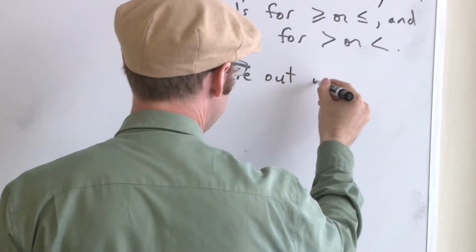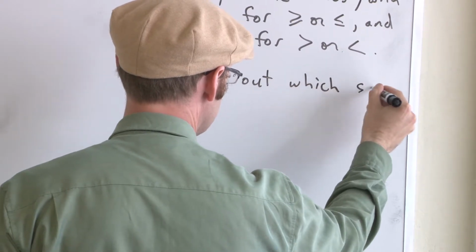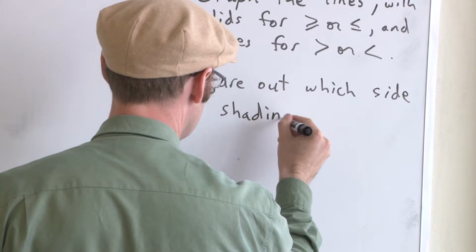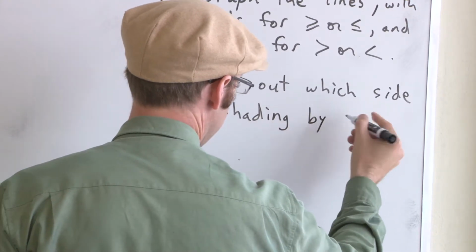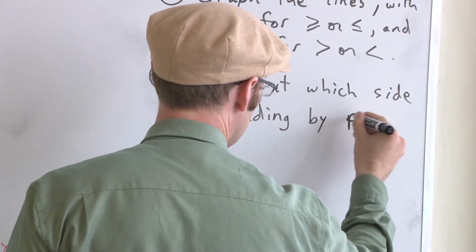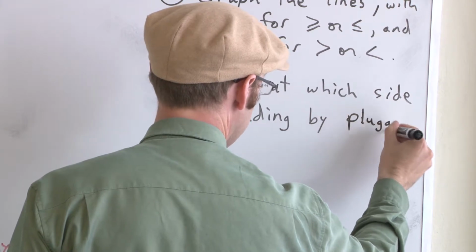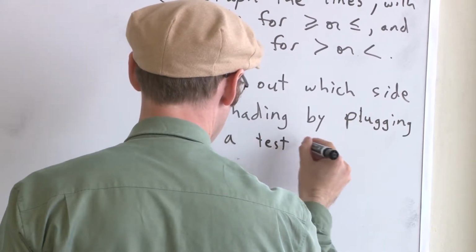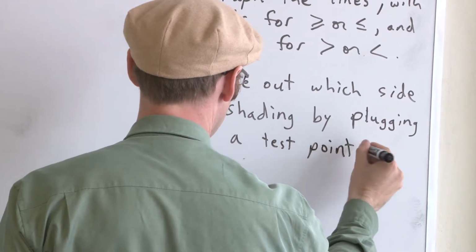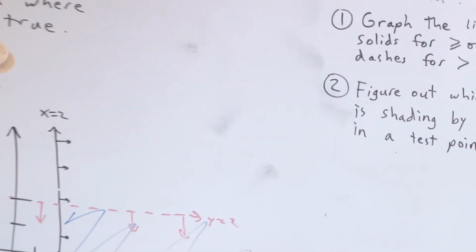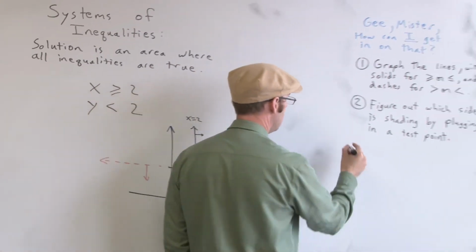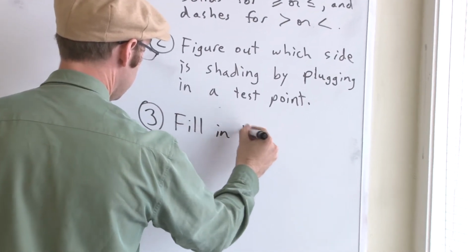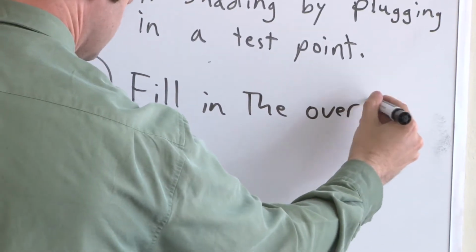Figure out which side is shaded, by plugging in a test point. Three, fill in the overlap of all shaded regions.